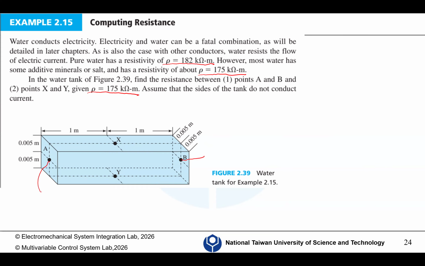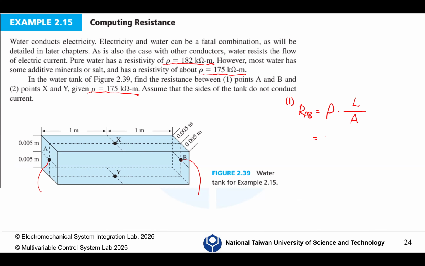Suppose we connect A and B to some wire. We want to calculate the overall resistance of this water tank. Using the formula, for the first, RAB is the resistivity of water rho times L, the length, divided by area.